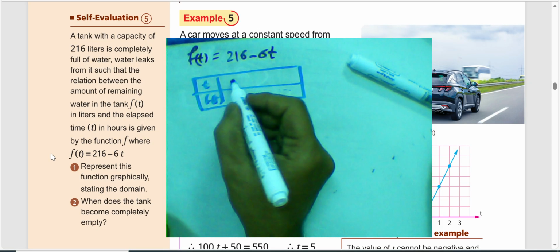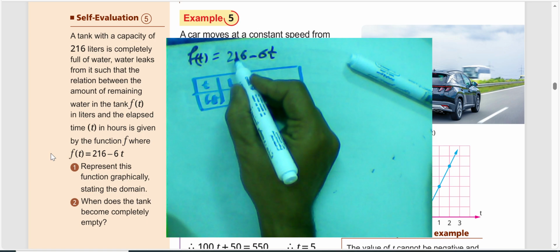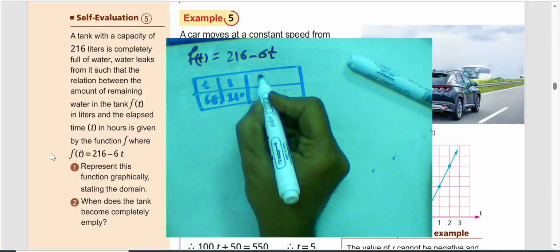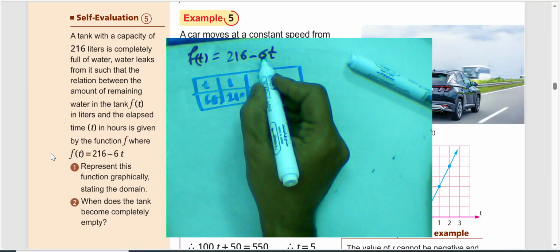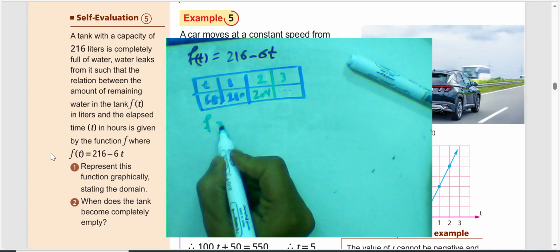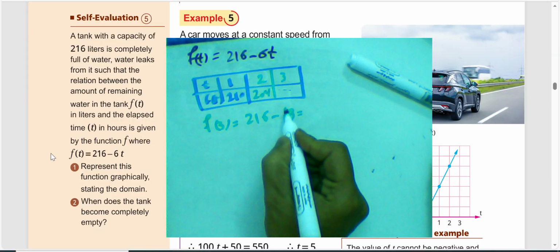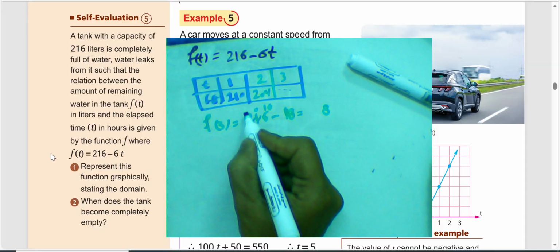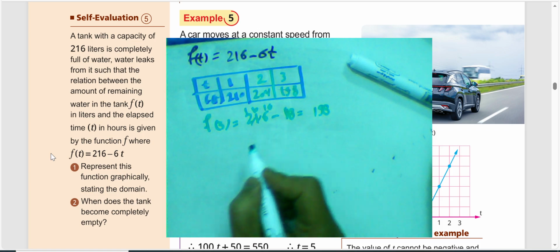Okay, t in hours. At 1 hour, 6 times 1 is 6, 216 minus 6 will be 210. And if we have 2 hours, 2 times 6 is 12, 216 minus 12 will be 204. With 3, f of 3 is 216 subtracted by 3 times 6 equals 18. 216 minus 18 equals 198.